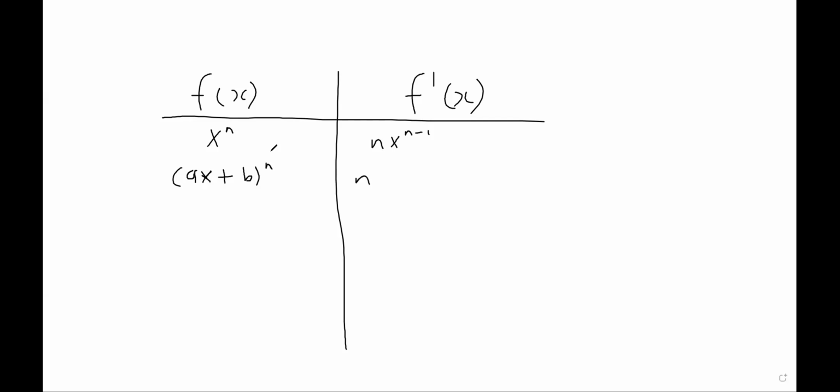So carry down the power of n, and guys, excuse the bad handwriting. But I think we all can make out what's being said here. So ax plus b, all raised to the power of n, that's n, times ax plus b raised to n minus 1, and we times that by the differential of what's in the bracket, right?